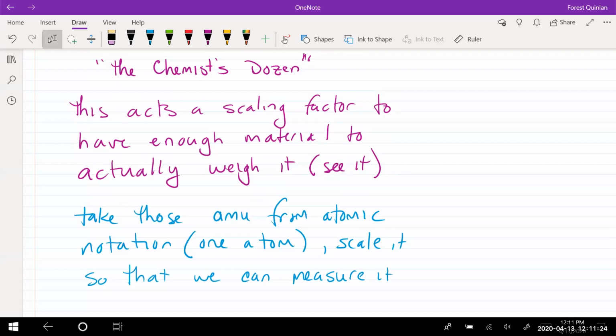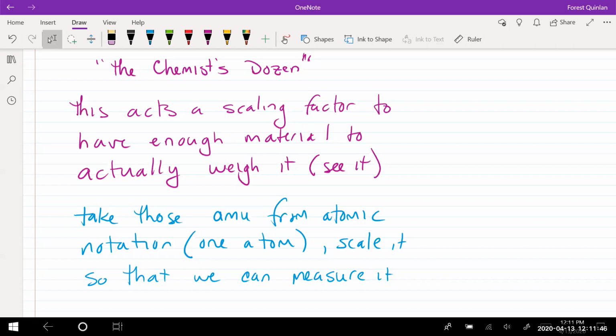So, and this is where I said back when we did the, was that enough, Rose? Yes. Okay. If you guys remember when we were doing those isotopic abundance problems, I said, look, your book's going to say atomic mass units or AMUs.